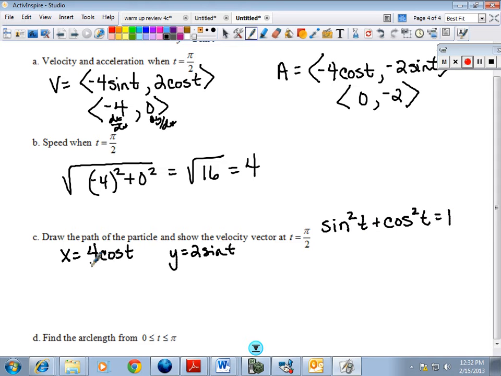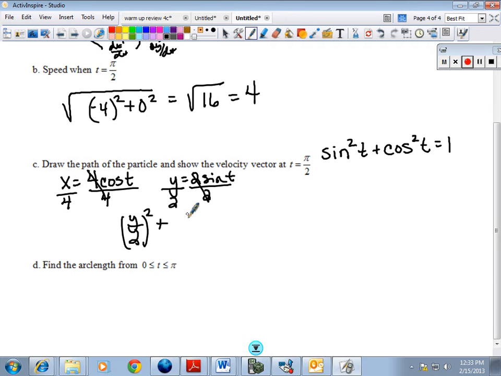Well, this is almost cosine. This is almost sine. So could I say that cosine squared, sine squared, y over 2 squared plus x over 4 squared equals 1. So this is really y squared over 4 plus x squared over 16 equals 1.